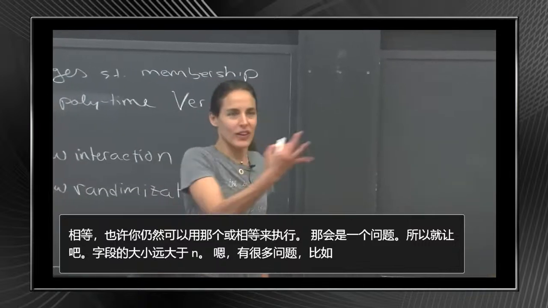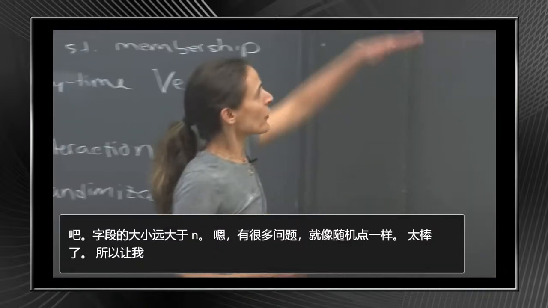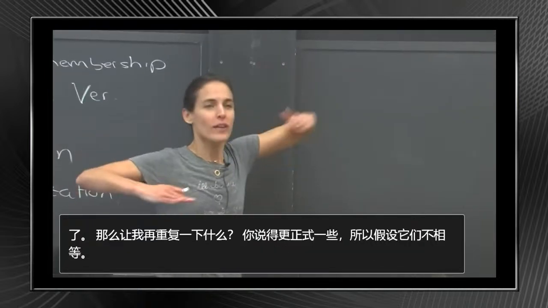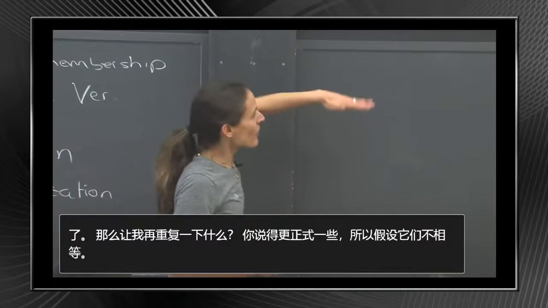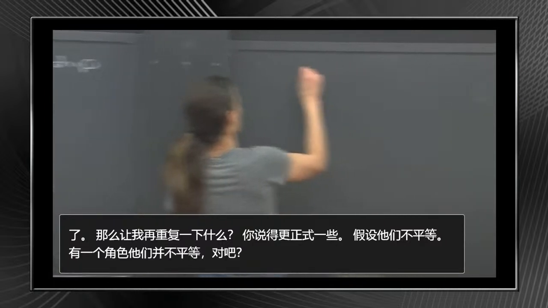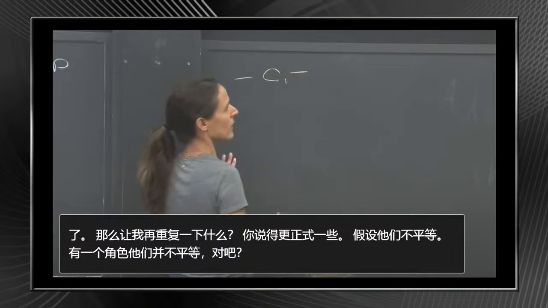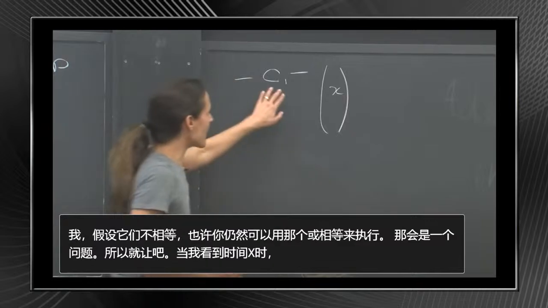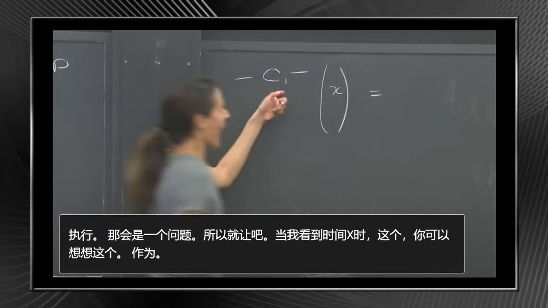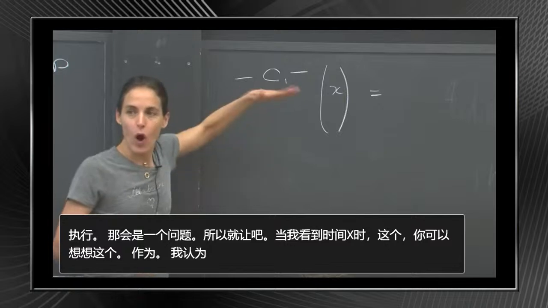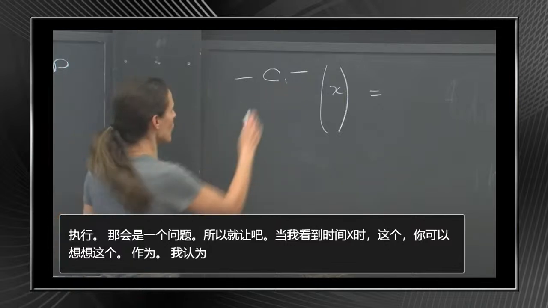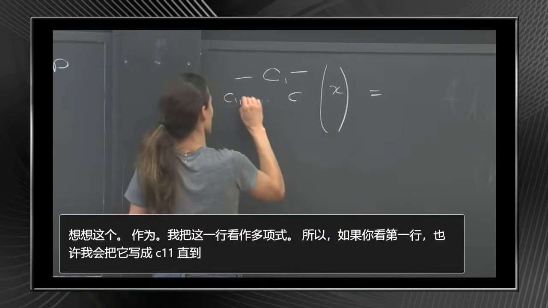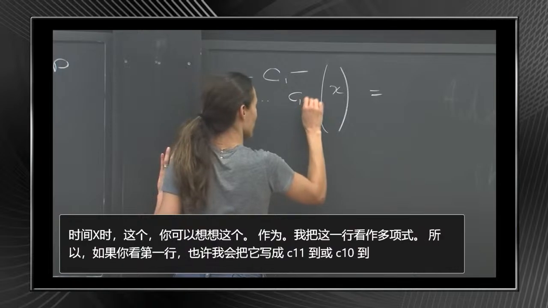Fantastic. Let me repeat what you said a bit more formally. Suppose they're not equal. There's one row that they're not equal on. Let's focus on that row. When I do C times X, let's say C1 is the first row of C, you can think of this row as a polynomial: C10 up to C1,n minus 1.